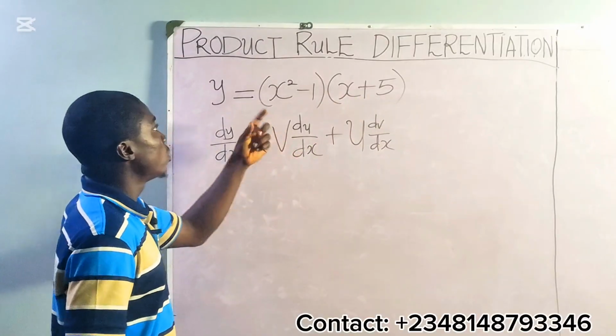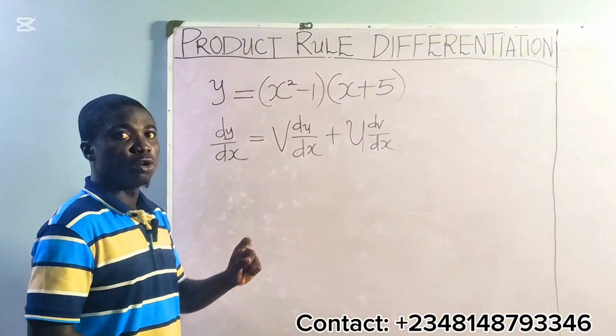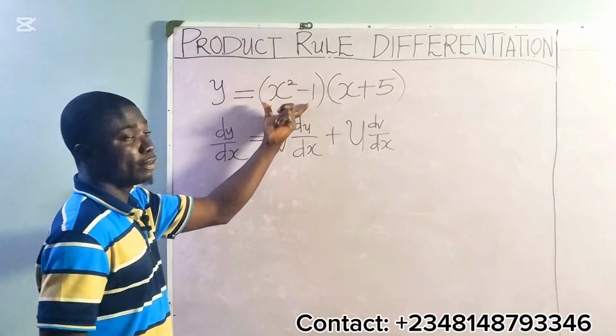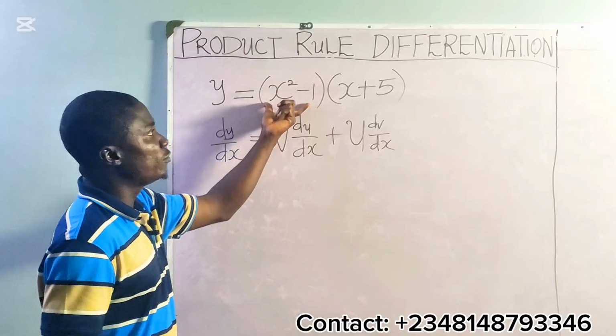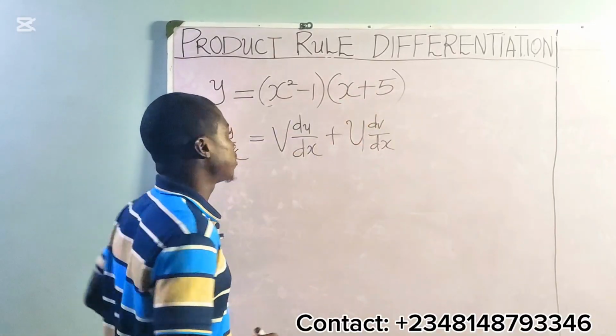Take note of this: your u should always be the terms in the first bracket, while your v should always be the terms in the second bracket.